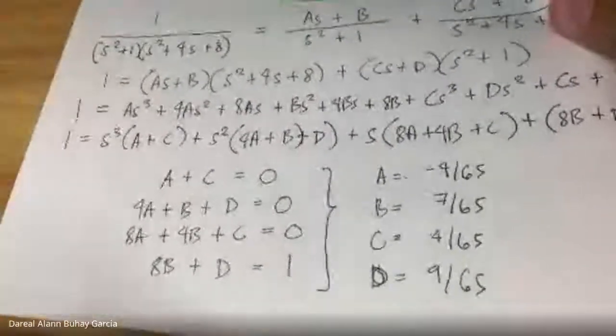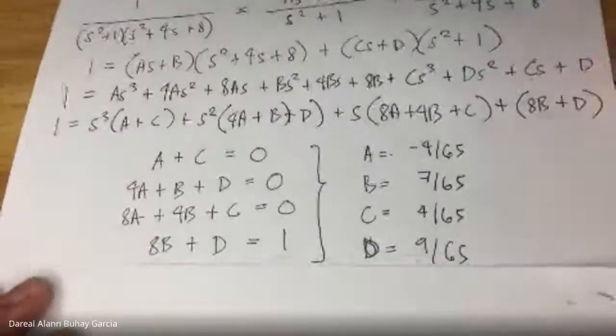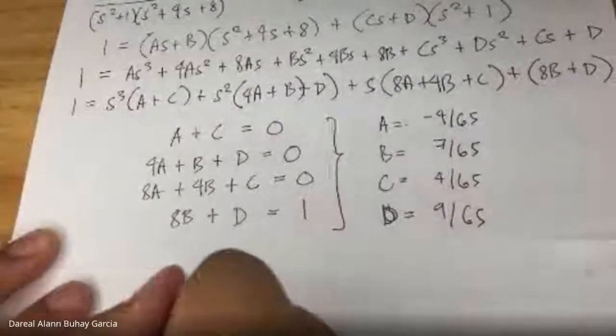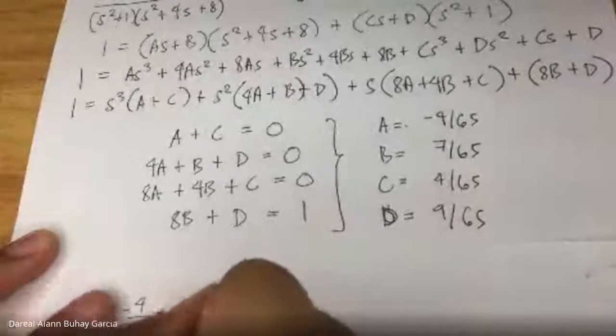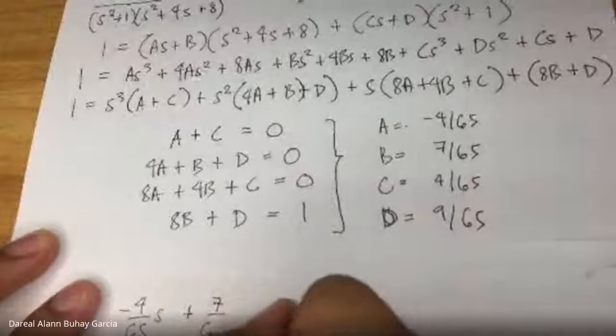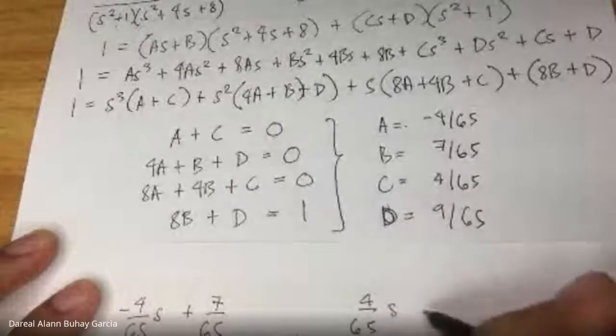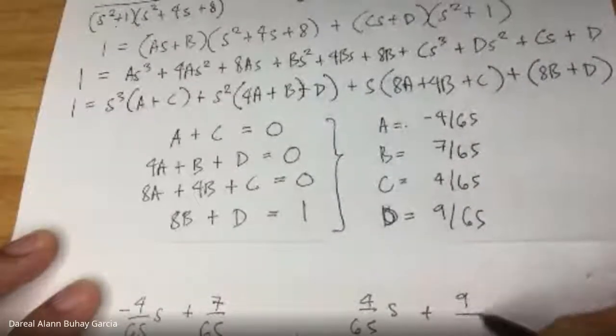It becomes negative 4 over 65 S plus 7 over 65, plus 4 over 65 S plus 9 over 65. So these are the constants.